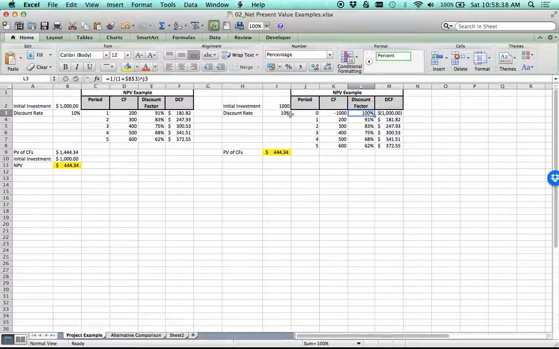The discount factor at time 0 is 100%, basically saying $1 that you receive on the date of the initial investment is worth $1 on the date of the initial investment. And again, $1 received a year after that is worth 91 cents on the date of the initial investment. So you calculate again all the discounted cash flows and you sum them all up. It's 444.34, the same number you get for NPV.